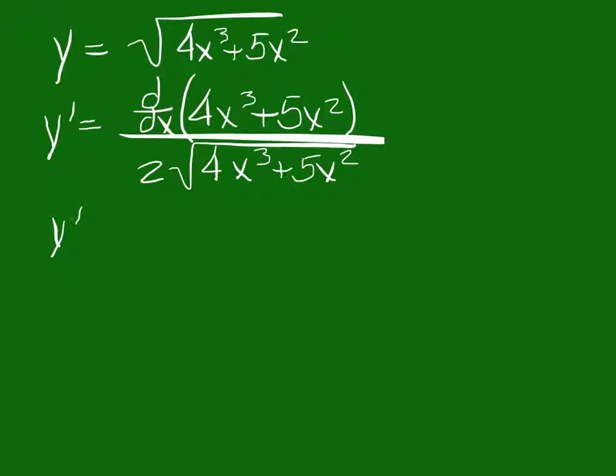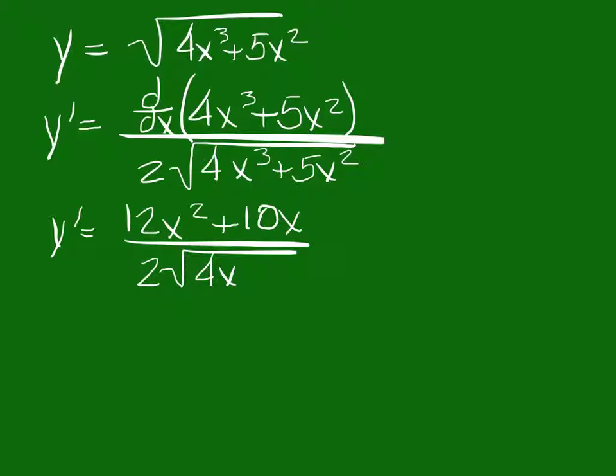The derivative on the top is going to be 12x squared plus 10x. And then on the bottom, we will stay with 2 times the square root of 4x to the 3rd plus 5x squared.